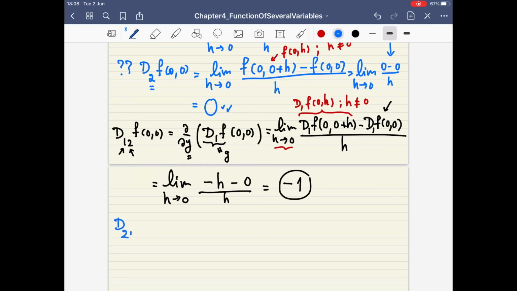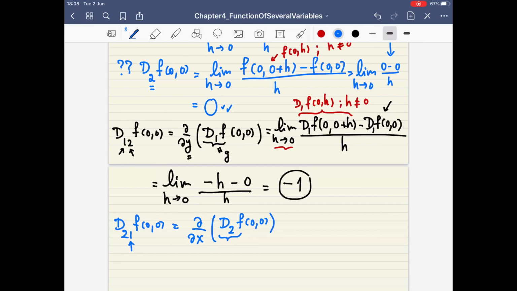How about d21 f at 0 0? You do the same thing. You are going to find a derivative with respect to x, further with respect to x, of d2 f at 0 0, because here's the first one.